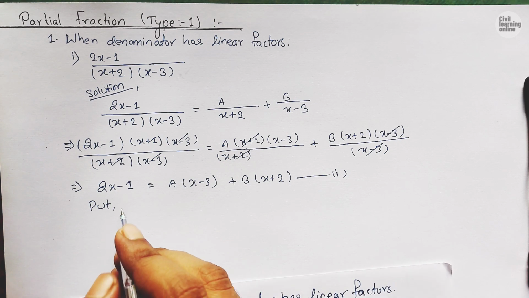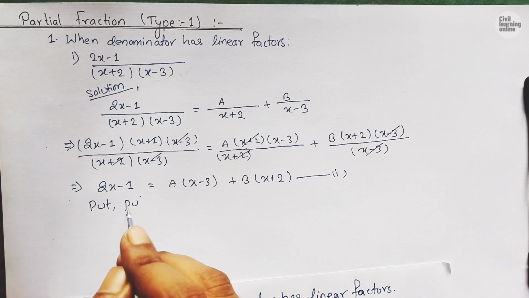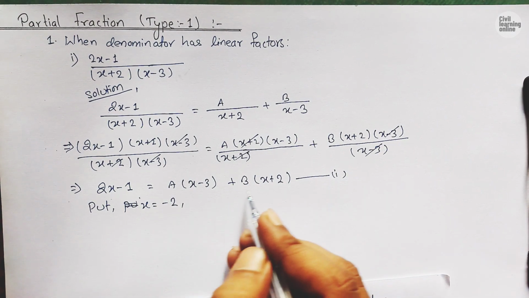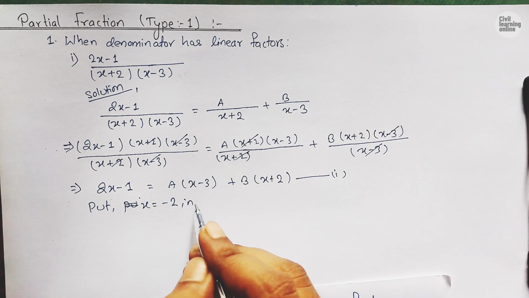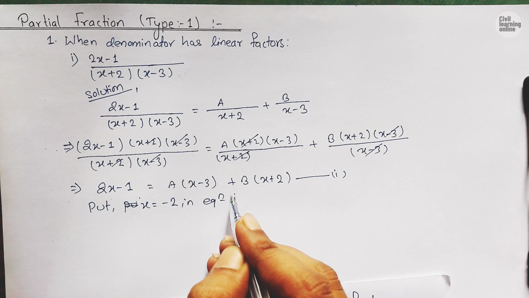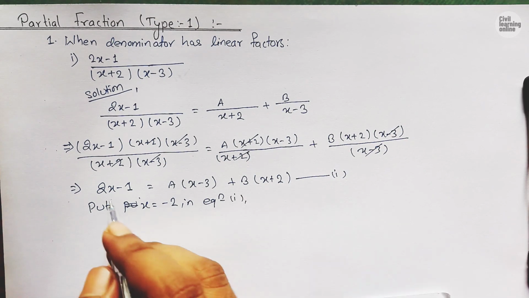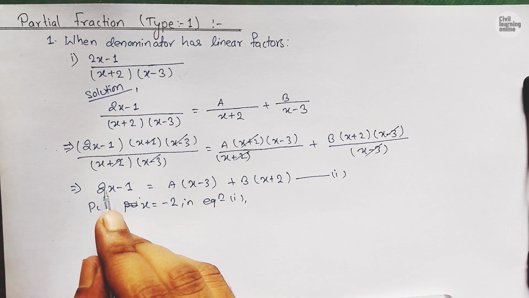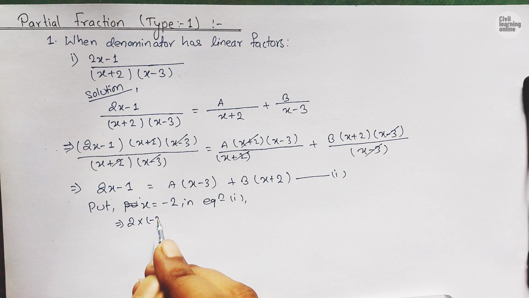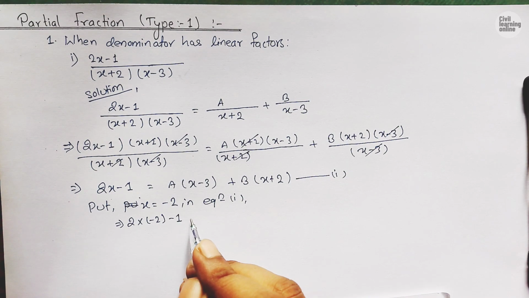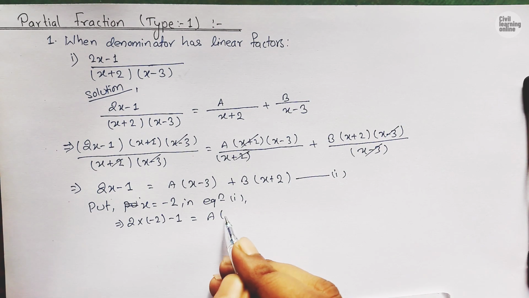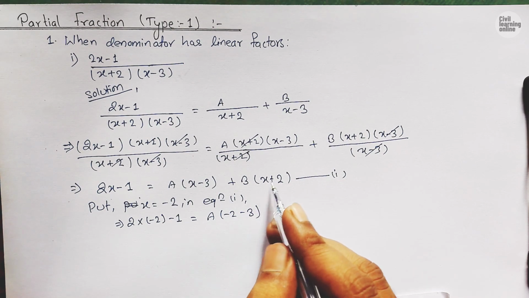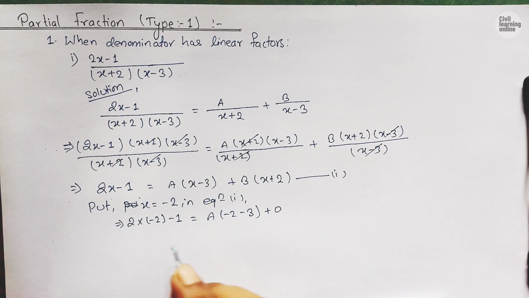So first of all, let's put x equals to minus 2. On putting x equals to minus 2 in equation 1, so on LHS we will have 2 times minus 2 minus 1 equals to a times minus 2 minus 3, and here minus 2 plus 2 will become 0 here.